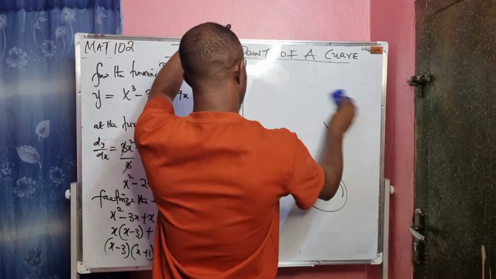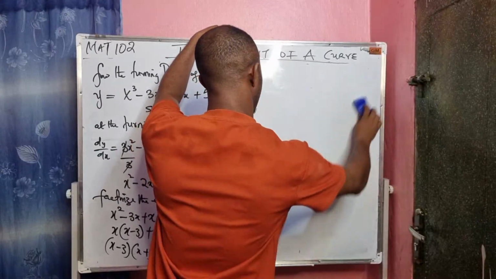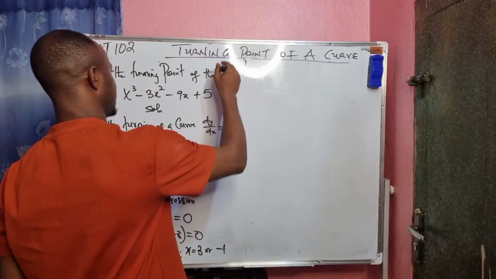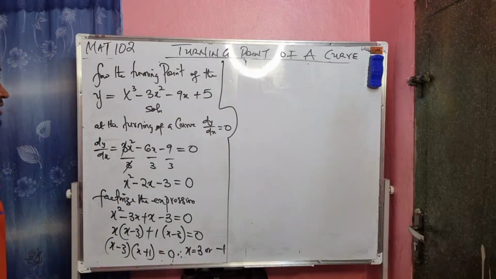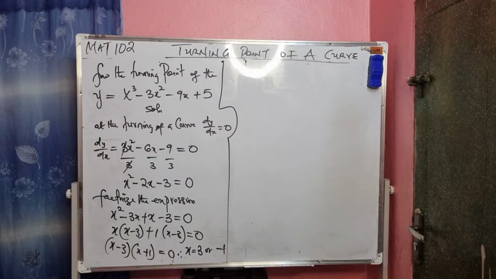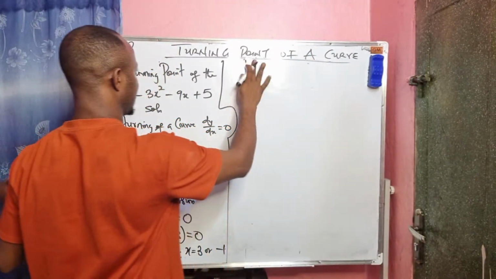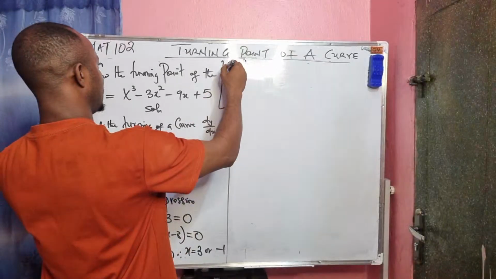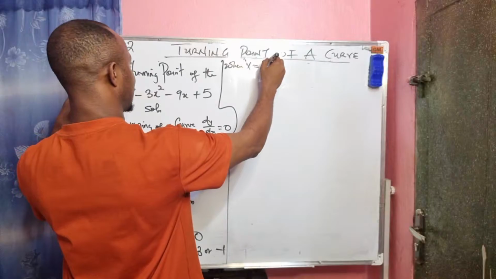We have been able to get the two values of x, but we don't know which of these values of x will give us our maximum or minimum, right? So the next is to find the stationary point. So we say when x equals to 3, let's start with this.